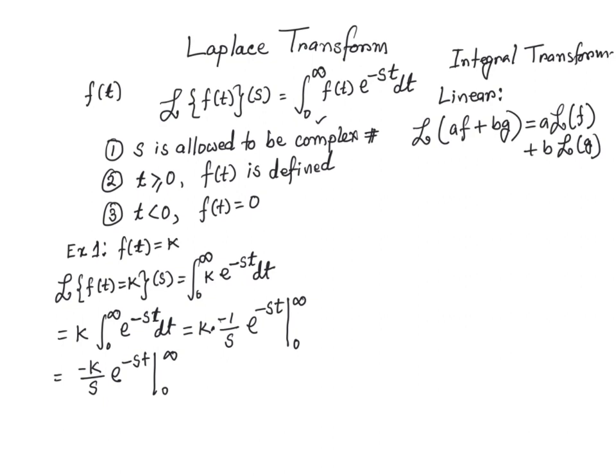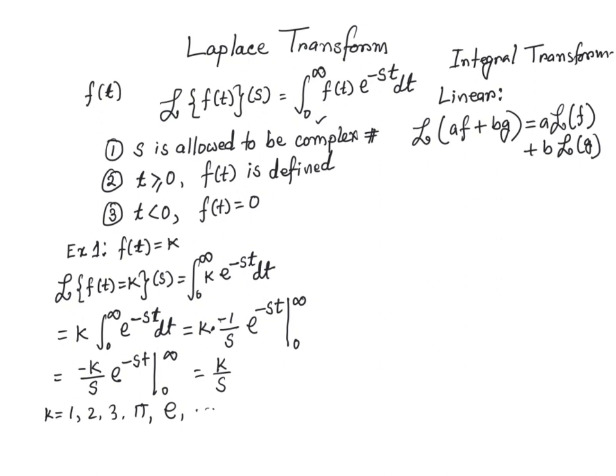If you simplify it, it gives you k over s. So the Laplace transform of a constant is the constant times 1 over s. This k could be 1, 2, 3, pi, e, whatever number you want. It's going to be that number divided by s. So this is a very simple and straightforward example.